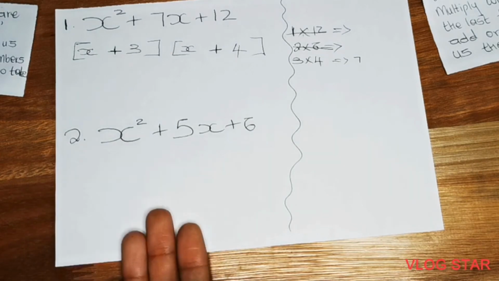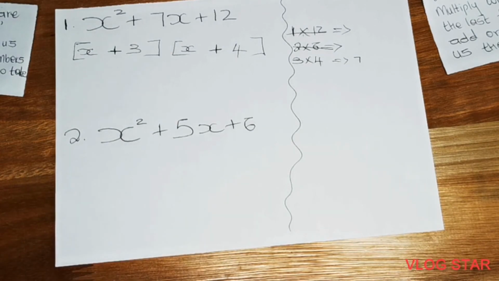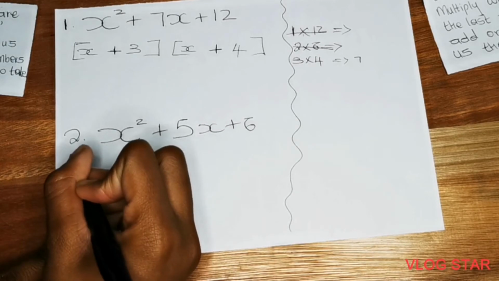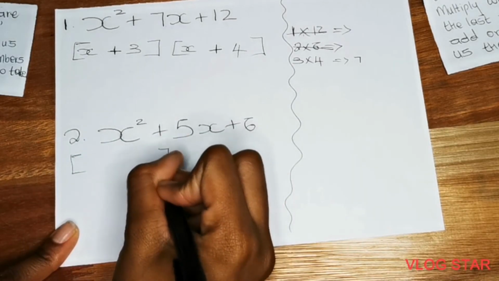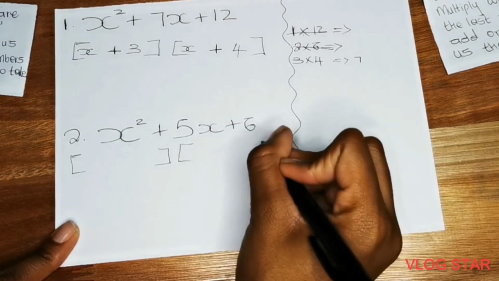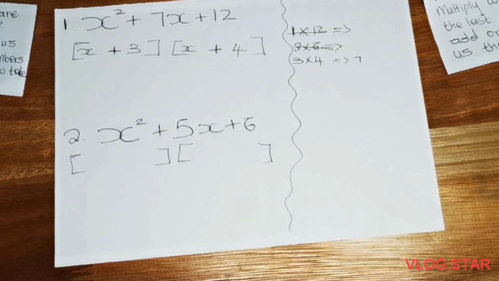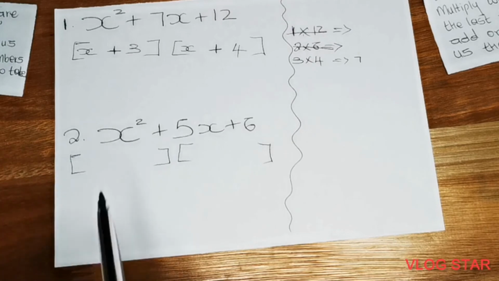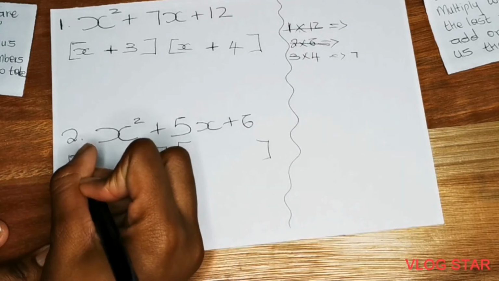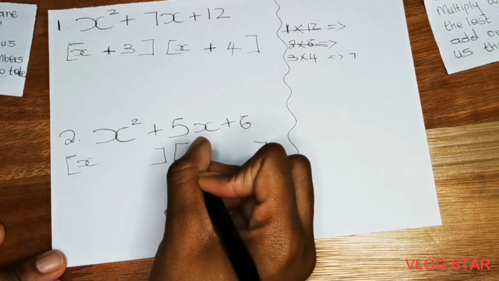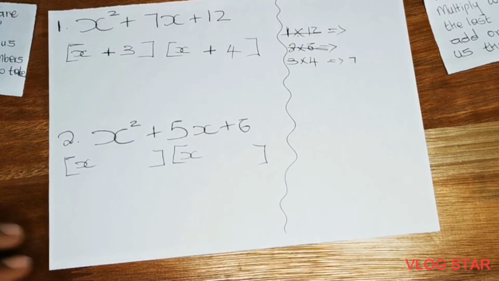Right now we're going to move to number 2 and factorize it. If you want, you can pause the video and try it by yourself, but yes, we are moving on. We're going to have our two brackets. We're going to put our x in the first bracket and our x in the second bracket.